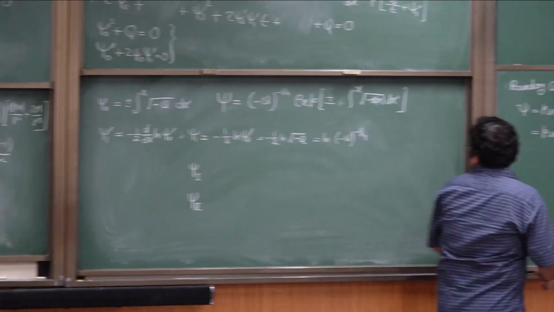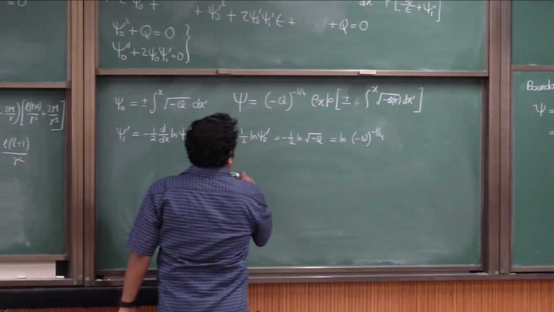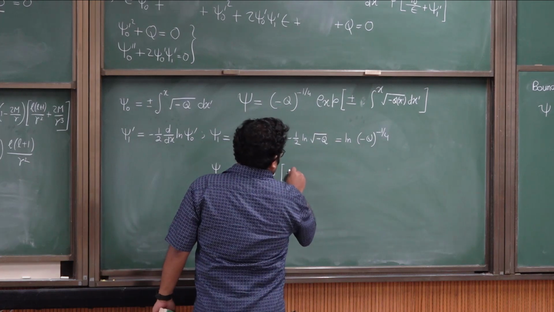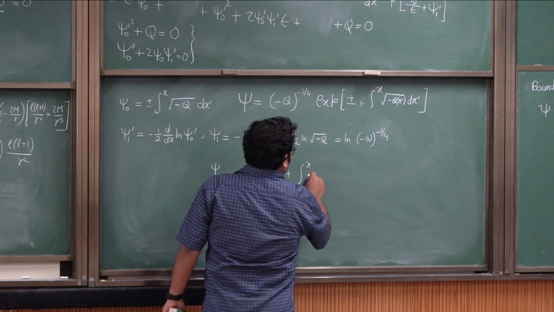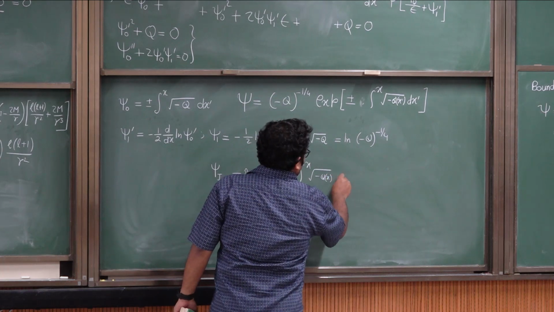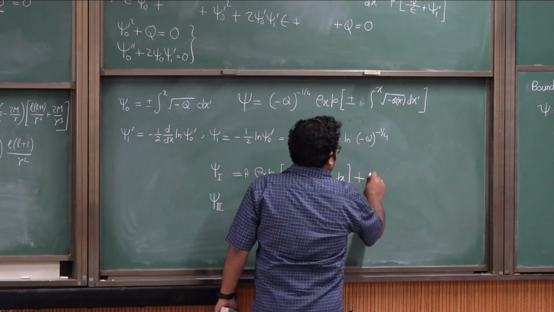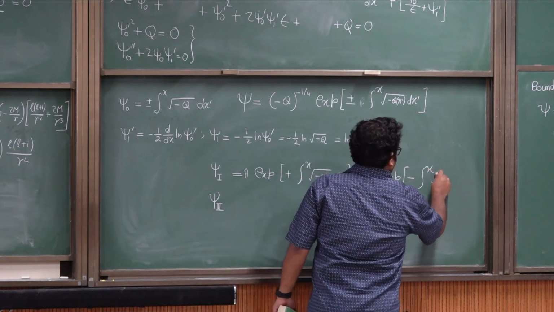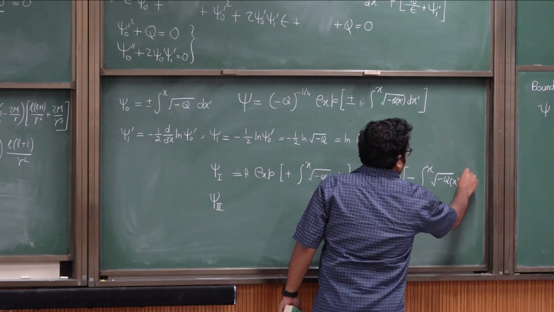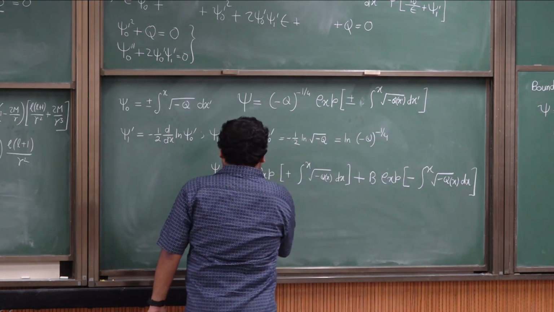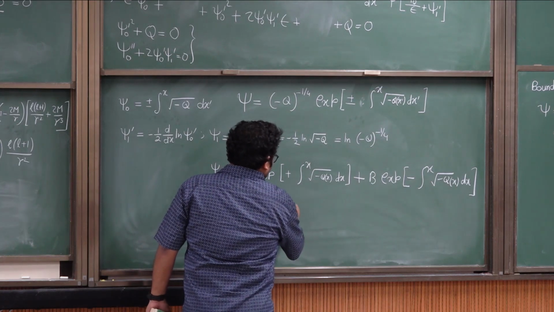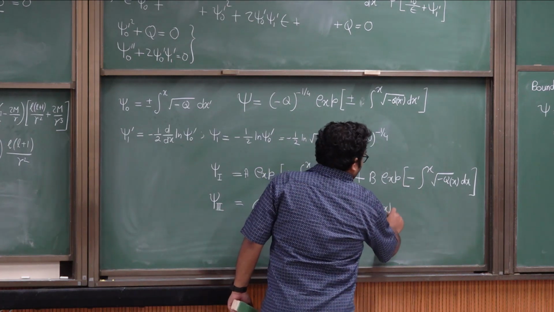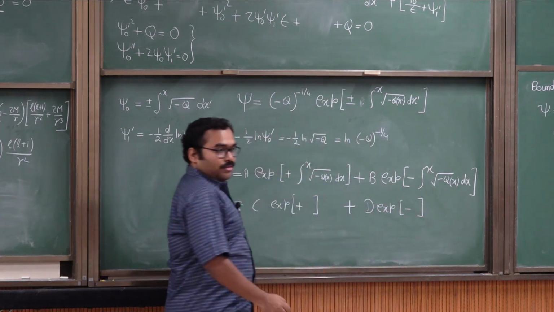So you see that in general psi 1 will be a times exponential of plus the integral up to x of root minus q of x dx, then you will have b times exponential of minus the integral up to x of root minus q of x dx, and similarly here you will have c with exponential with a plus sign, and d with exponential with a minus sign, right?